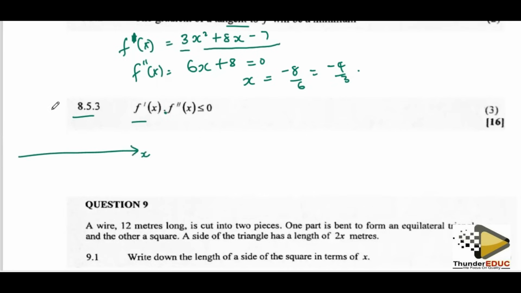If I call that my x, then I draw my parabola nicely. This is going to represent the first derivative. And these points will represent the turning points, which is negative 3,4, and then that's going to be the 0,7.